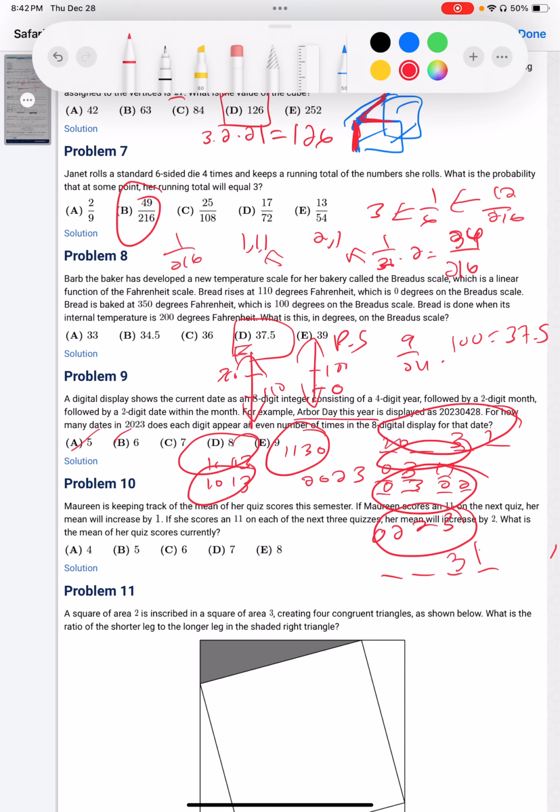Another 1. 0, 1. That'll work, I think. And that's 8. Missing 1 more. What is it? Let's see. I think we're missing 1 more. So we can eliminate all the options.